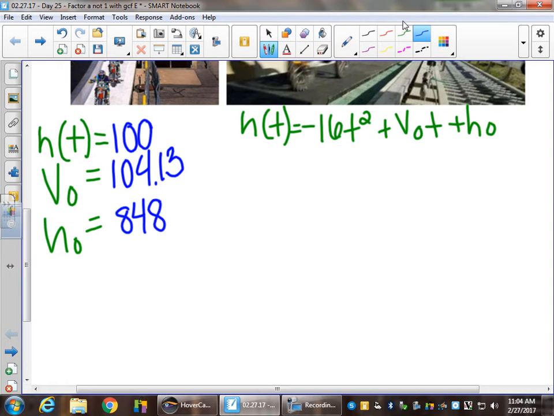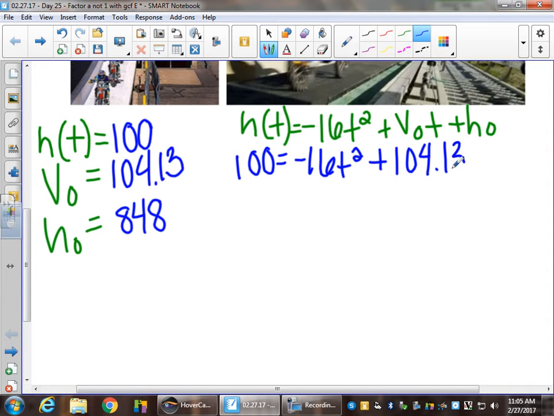So now what am I going to do with that information? Plug it in. 100 equals negative 16 t squared plus 104.13 t plus 848. What's my next step?